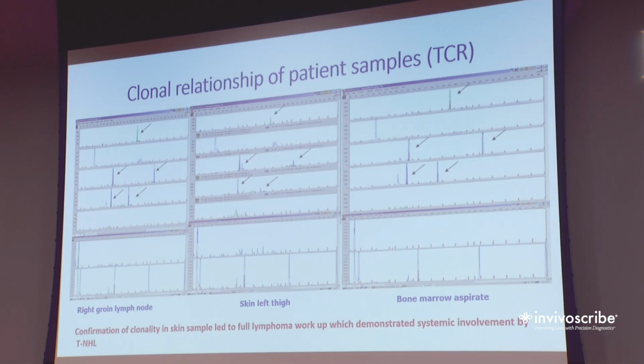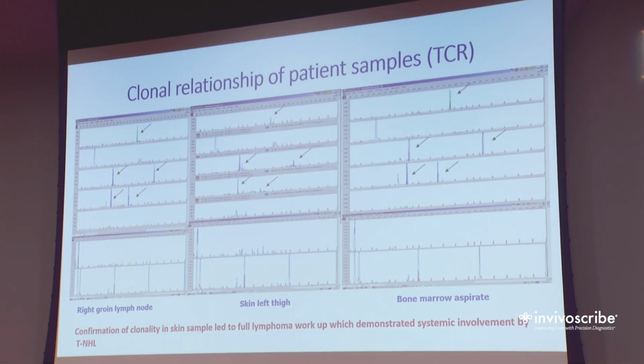Nothing had been noticed bar the skin when he went to his GP, because obviously they weren't thinking immediately lymphoma. On full clinical workup, they noticed an enlarged groin node, and they also drew a bone marrow aspirate. And I think what you can see quite nicely here is like a fingerprint of the lymphoma that this man has. So it's very nice to be able to see that.